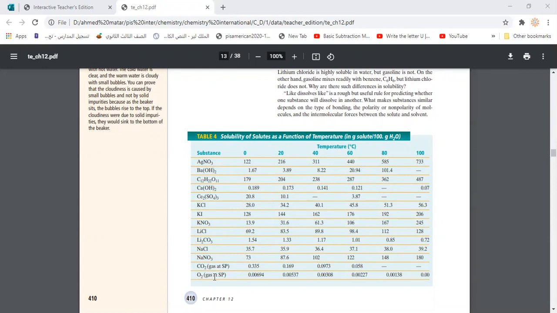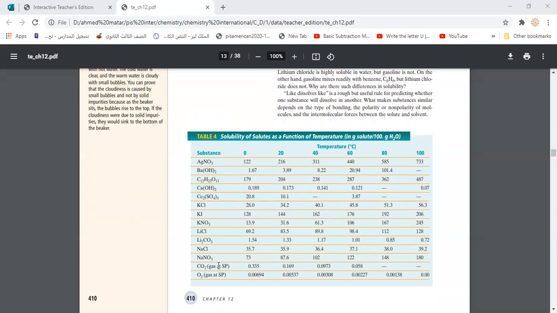So we try to dissolve them in water. For example, 100 gram of water at 0 degrees Celsius allows 122 gram of silver nitrate to dissolve. That means it will be saturated by dissolving 122 grams of silver nitrate. The same 100 gram of water allows only 73 gram of sodium nitrate, while it allows 0.335 gram of carbon dioxide.